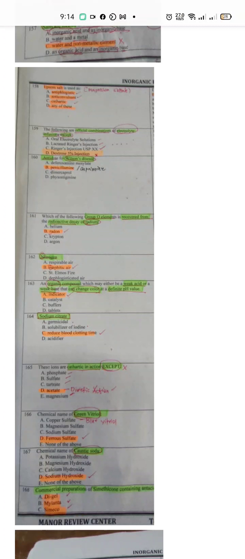Copper sulfate, blue vitriol, magnesium sulfate, Epsom salt, and your ferrous sulfate is your green vitriol. So ferrous sulfate, green vitriol, which is used as hematinic.